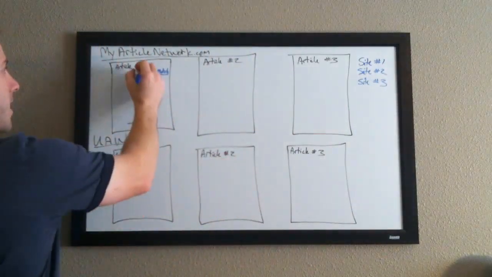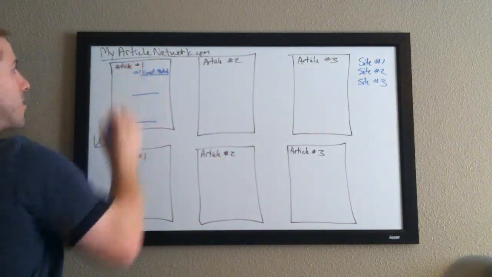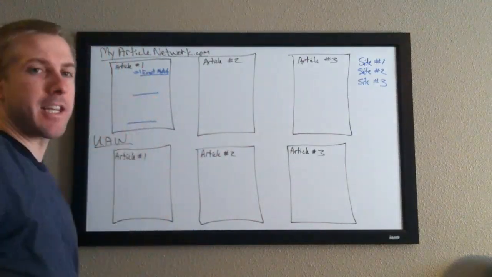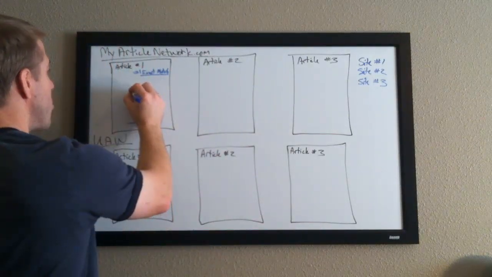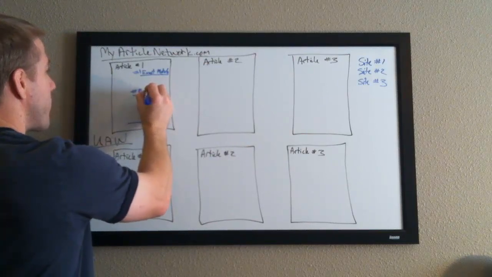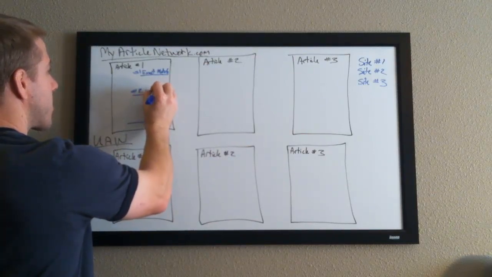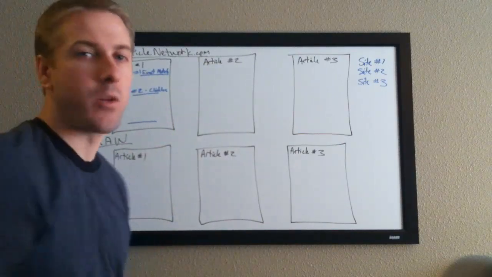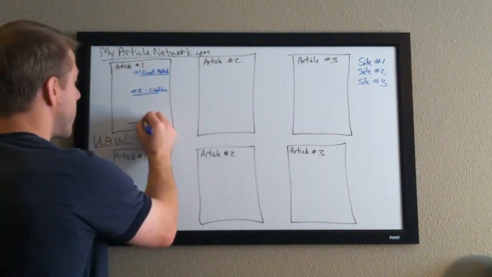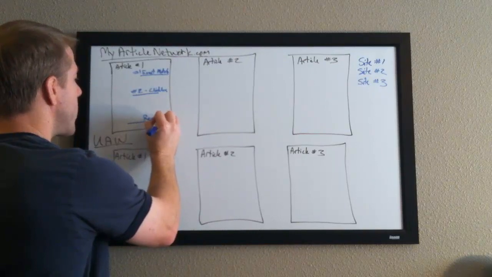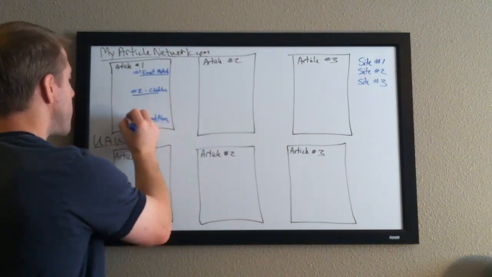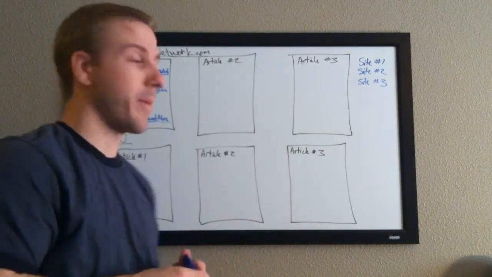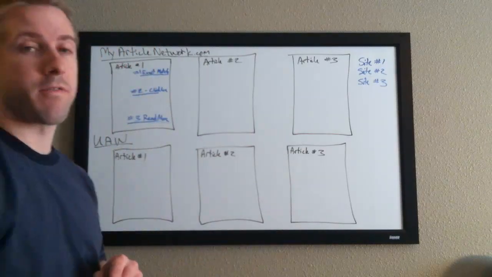I'm going to put a number next to this. So that goes to site number 1 with the exact match anchor text. The second link goes to site number 2 with something like click here, a non-keyword anchor text. And down here, something like read more, but this is going to site number 3. So I'm actually linking to 3 different sites within the first article.